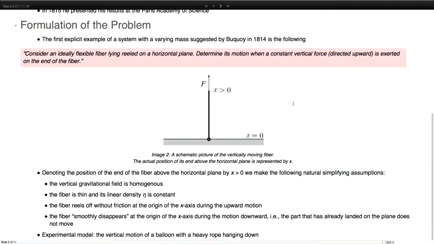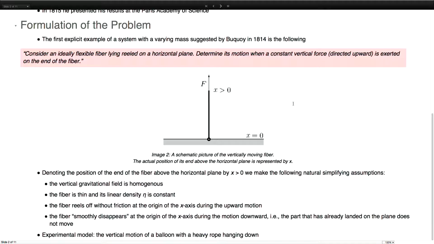So, denoting the position of the end of the fiber above the horizontal plane by x greater than 0, we make the following natural simplifying assumptions. The vertical gravitational field is homogeneous, the fiber is thin, and its linear density eta is constant.